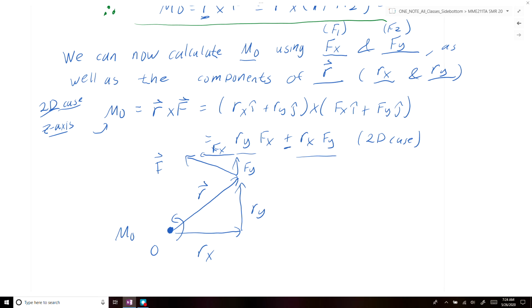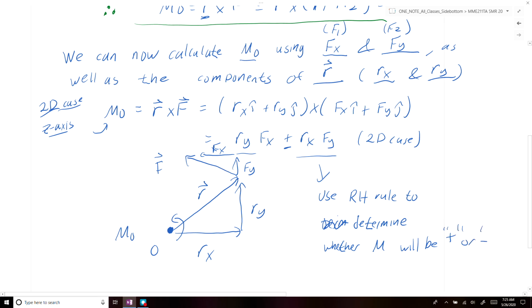So be careful of the signs. Make sure you use the right hand rule to determine whether your moments will be positive or negative.